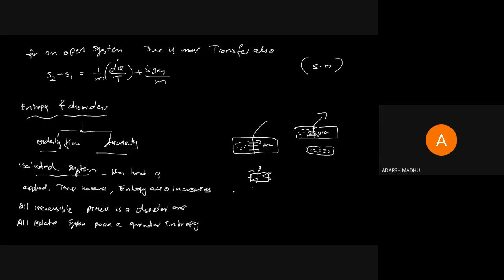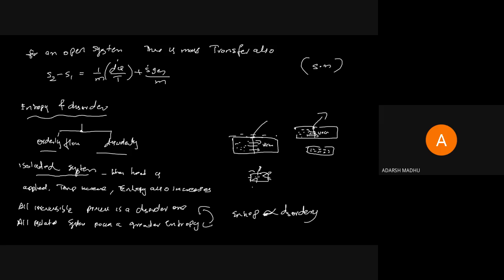So we can relate both theories together, and we can say that entropy and disorder have a particular relation. Entropy is proportional to disorder. Every irreversible process is a disorder, and we can take it in the isolated case, that is free expansion.